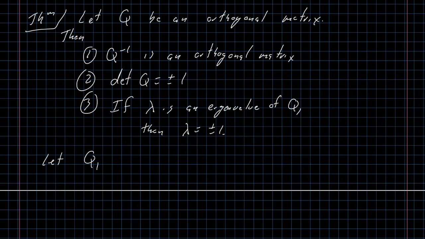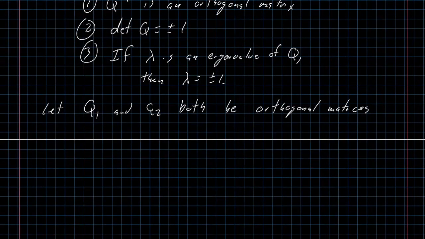I also claim that if I have two orthogonal matrices, Q1 and Q2, let's let them both be orthogonal, then their product, Q1 Q2, is also an orthogonal matrix.